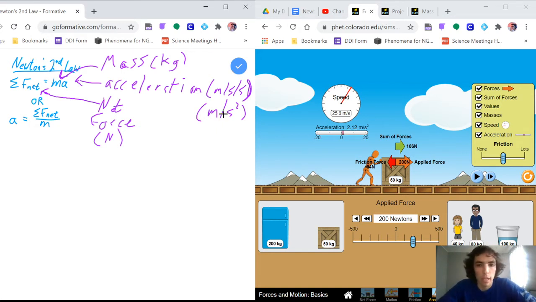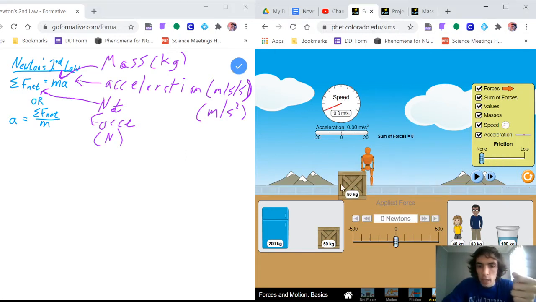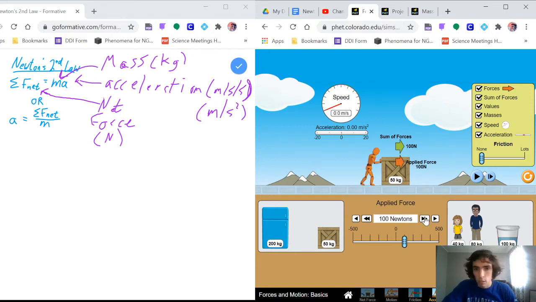Now, what Newton's second law really tells us is it can relate the net force, or the sum of forces acting on an object, to its acceleration. So it will tell us if we exert these forces on an object, how it's going to react, or how that is going to change its motion, or maybe it won't change its motion. One of the basic outcomes of this is if we look at an example of pushing this 50 kilogram object and we exert a 100 Newton force on it, it's accelerating at 2 meters per second squared.